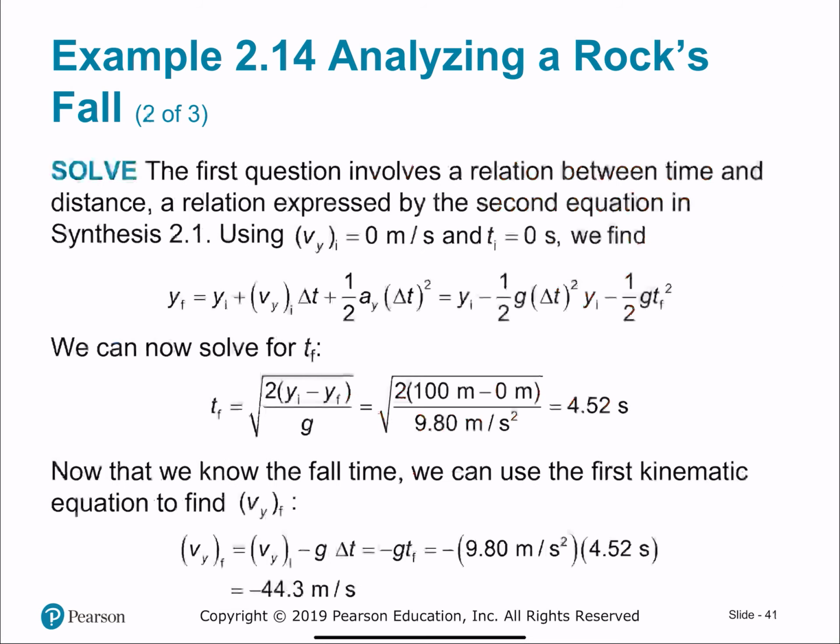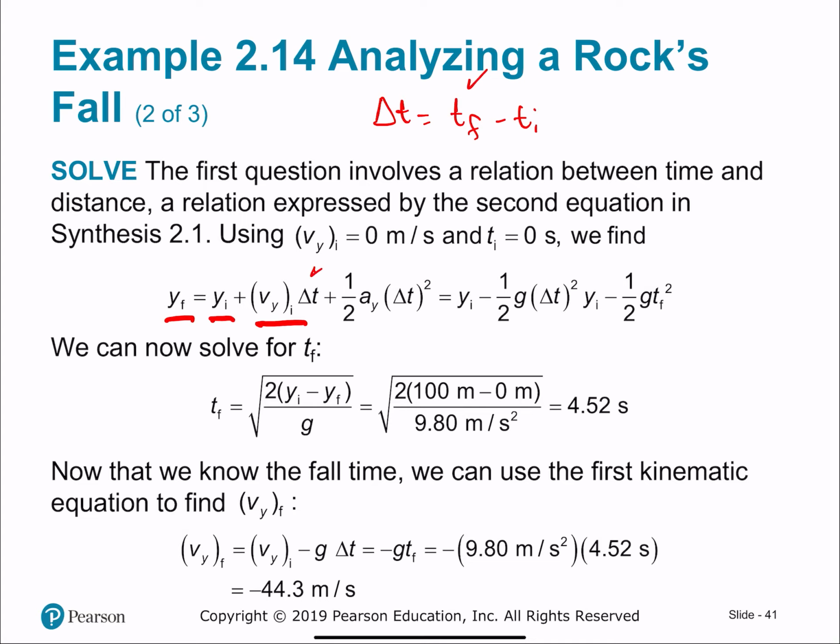So let's see how we solve this problem. We start by using first one of our equations for constant acceleration. Final position equals initial position plus initial velocity times the interval time. So that delta t is equal to t final minus t initial, and this t final is what you want to know. So that's what goes in here.